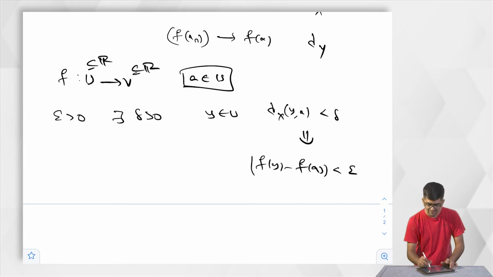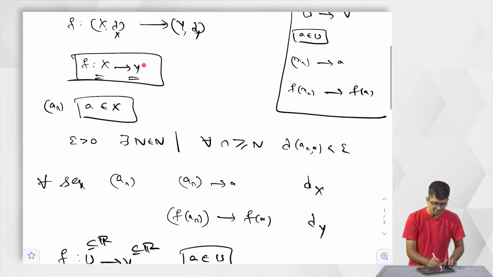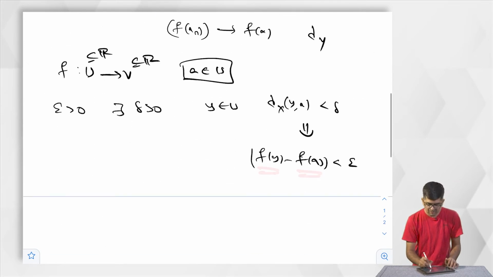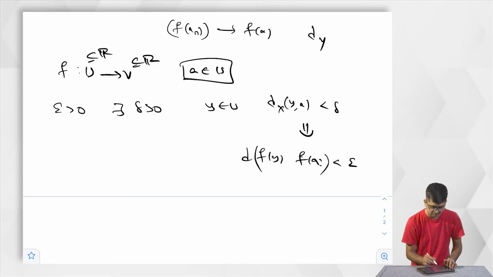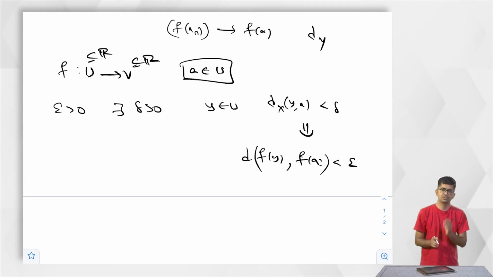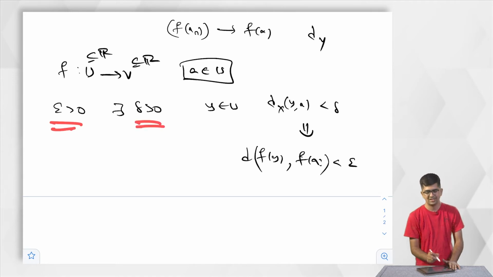We should replace the other side also with the appropriate metric. f(y) and f(A) are elements of Y. So instead of the minus, we should be writing dY of f(y) and f(A). There is no minus here, just f(y) comma f(A). So this is the notion of continuity in metric spaces using the epsilon delta definition.